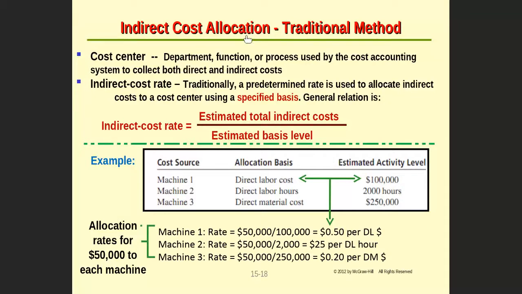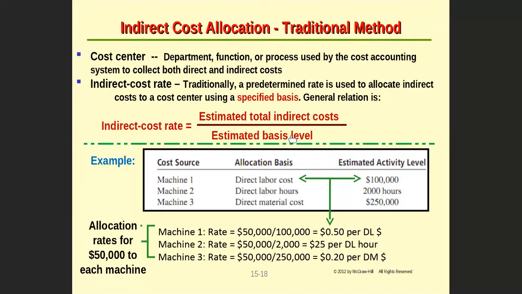The traditional or cost allocation method is the most common to be used in the indirect method compared to the other one, and it basically depends on a specified base or specified rate that is calculated to find the indirect cost. The formula is: the indirect cost rate equals the estimated total indirect cost over the estimated basis level.